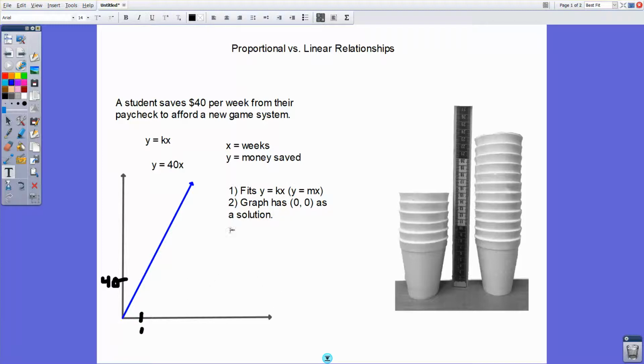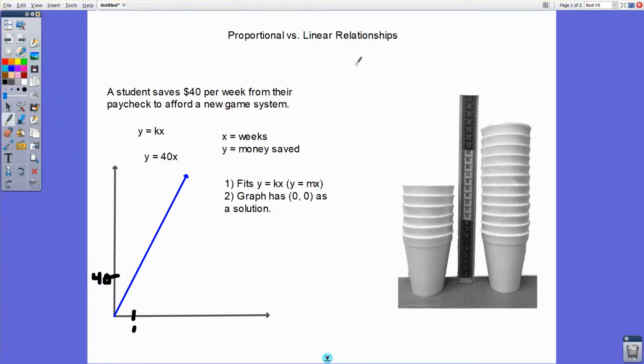Now, on the right side of this image, I've got a picture of a couple of stacks of styrofoam cups. This image is from Lesson 5 of the Illustrative Mathematics curriculum in Unit 3, Grade 8. Here we've got some cups, and a ruler so you can get a measurement. There are 6 cups in this stack, and in this stack there are 12 cups.